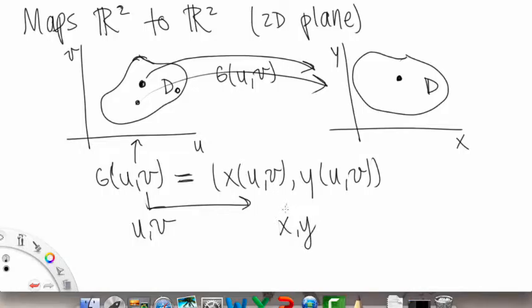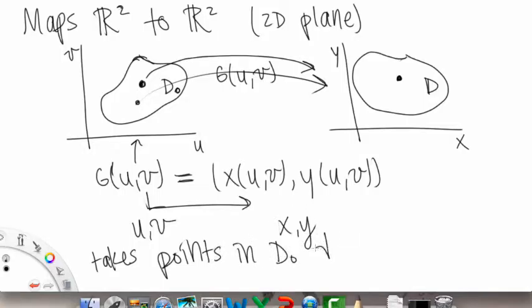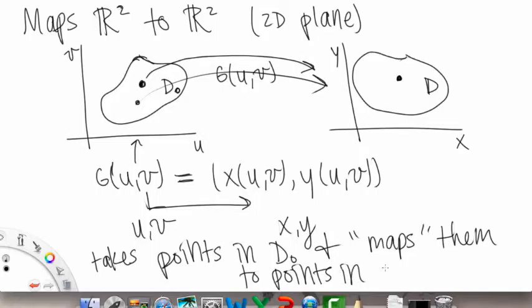It takes points in D naught and maps them, that's the special term for it, to points in D.